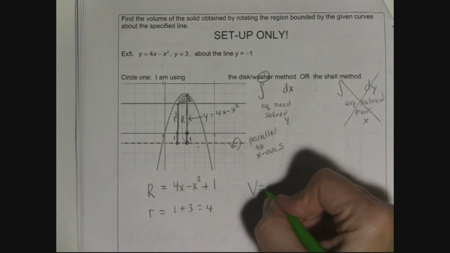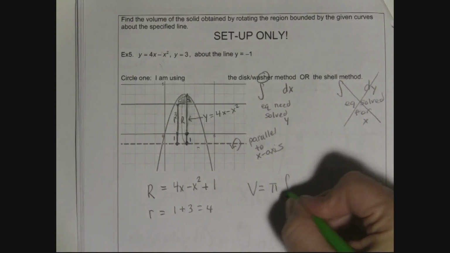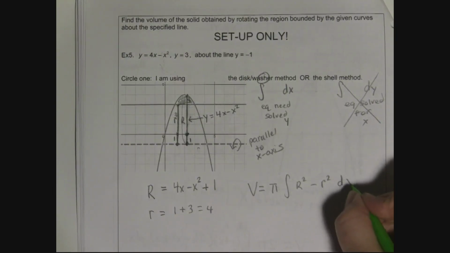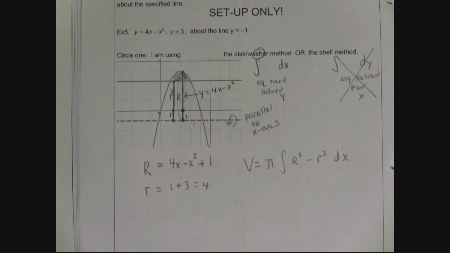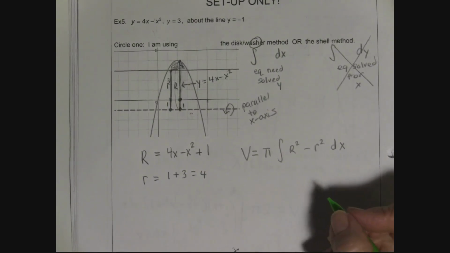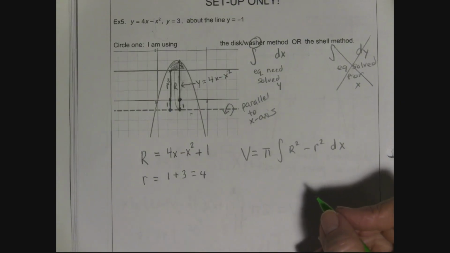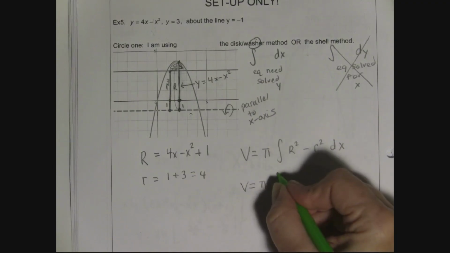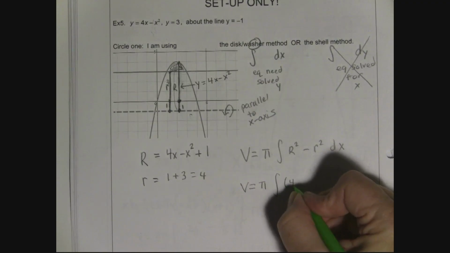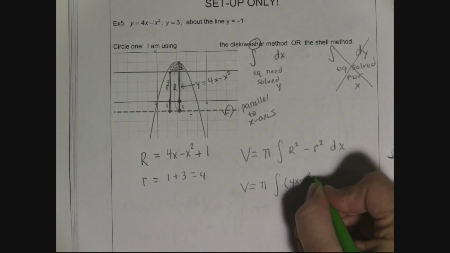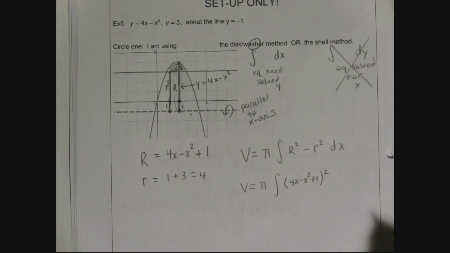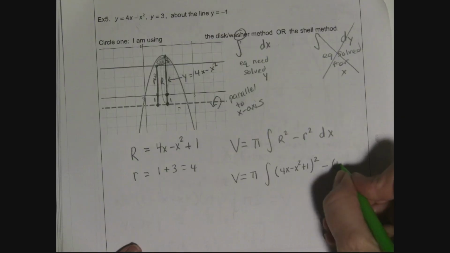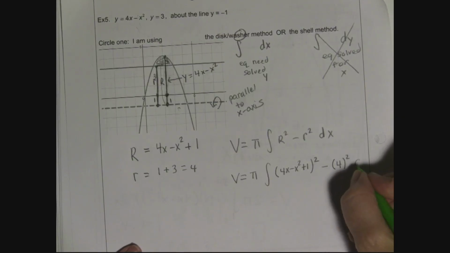Okay, so for our washer, we have pi, and then the integral of R squared minus r squared dx. We'll get our bounds in a second. So our volume equals pi, and then the integral of 4x minus x squared plus 1 squared, minus 4 squared, that's 16, dx.